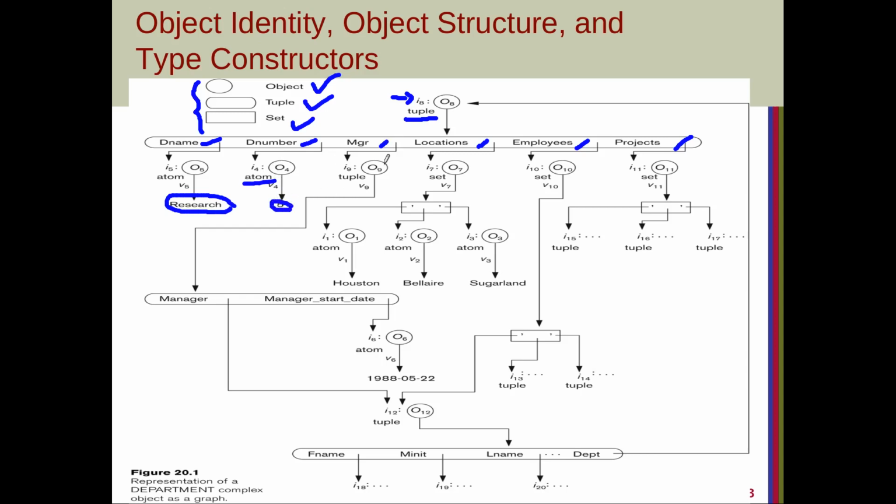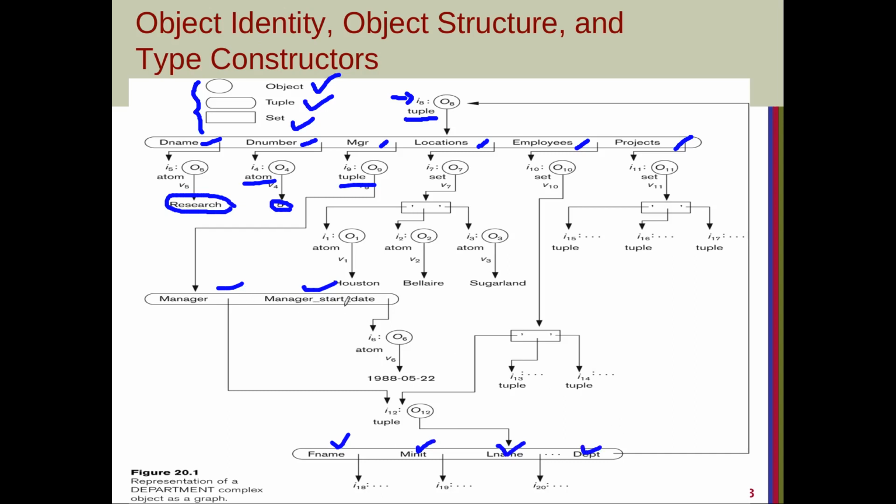Manager is also an object, O9, which is of tuple type, further divided into a tuple with manager and manager start date. Now manager is again divided into I12, that is O12, which is of tuple type with first name, init, last name, etc., up to department.